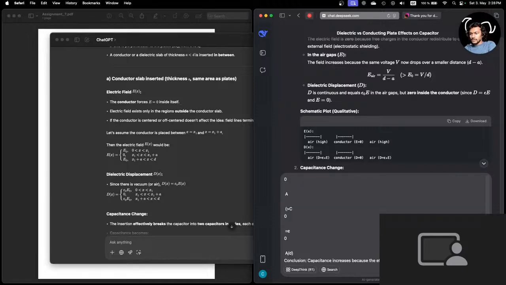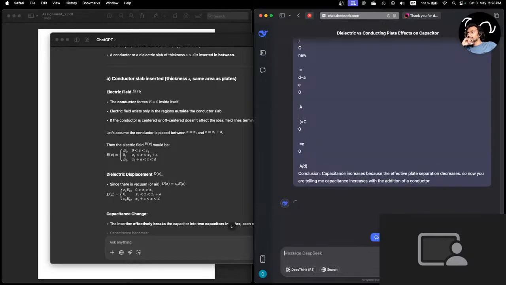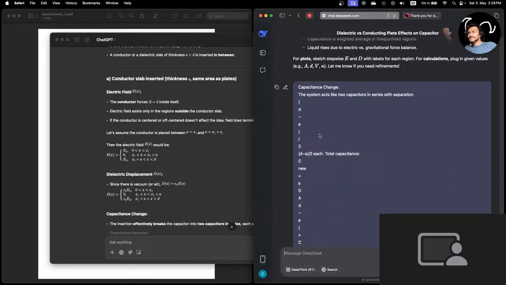So now you are telling me capacitance increases with the addition of a conductor. What?